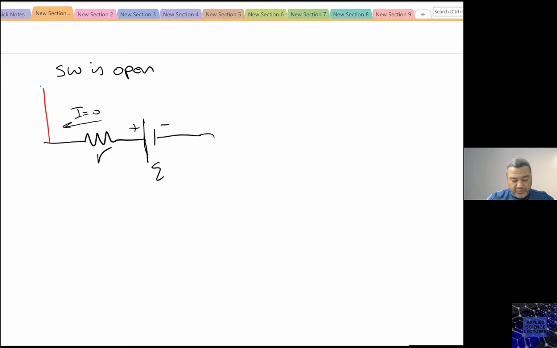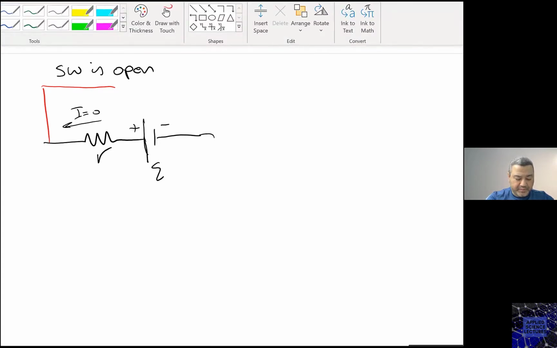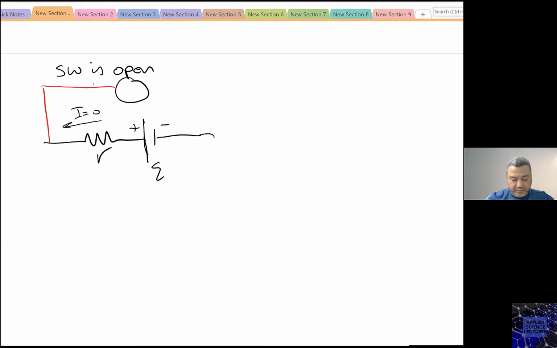Now I will draw my voltmeter. I will draw this one with red, which means this is the positive electrode of my voltmeter. And this one with the black color, which means this is the negative.